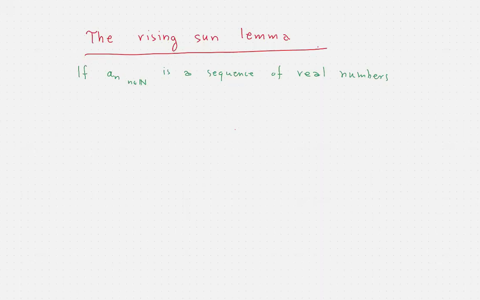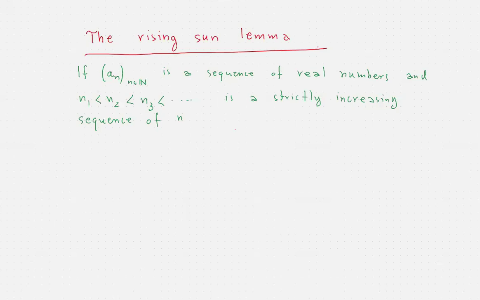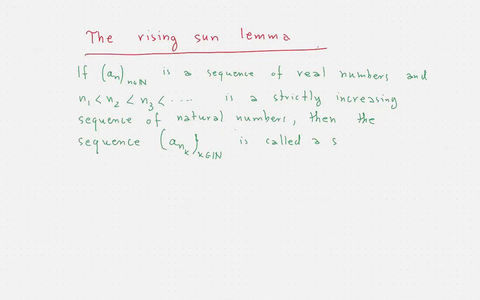So if (a_n) is a sequence of real numbers and n_1 < n_2 < n_3 and so on is a strictly increasing sequence of natural numbers, then the sequence a_{n_k} for k in N is called a subsequence of (a_n).